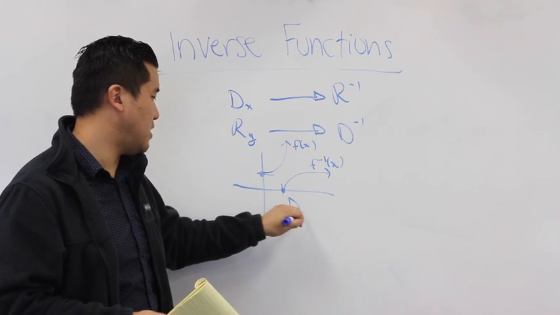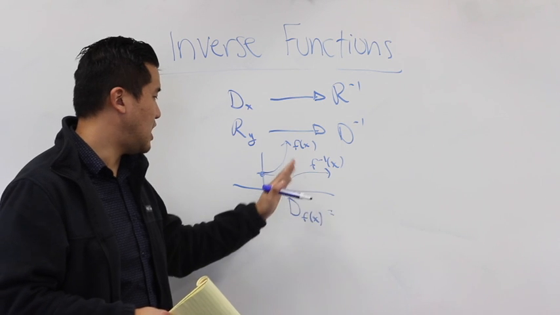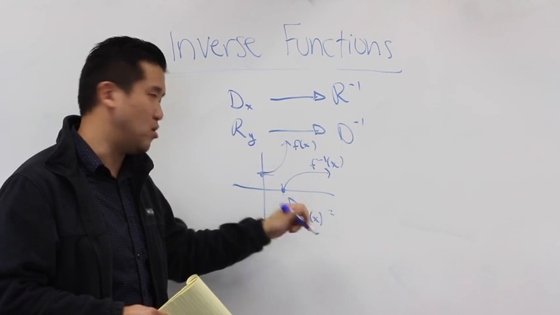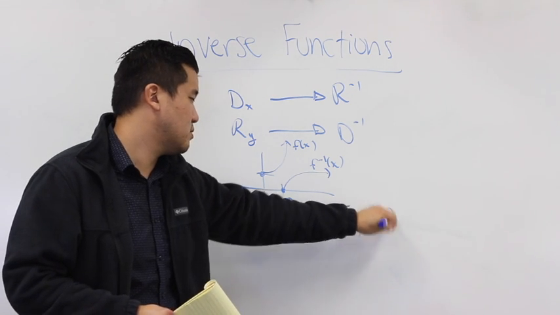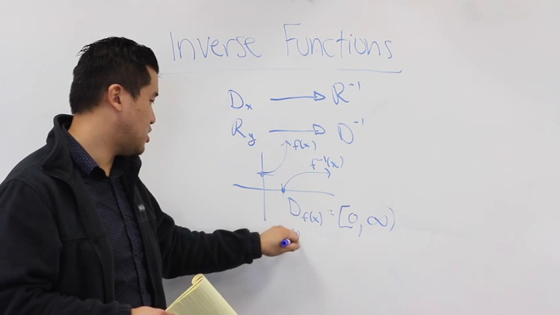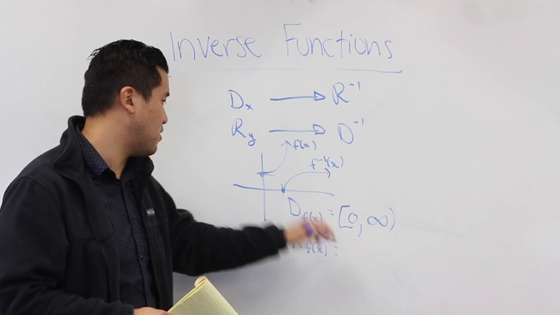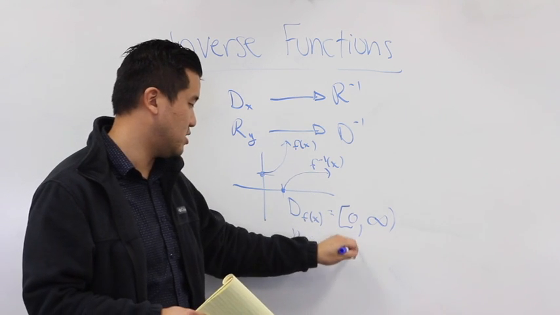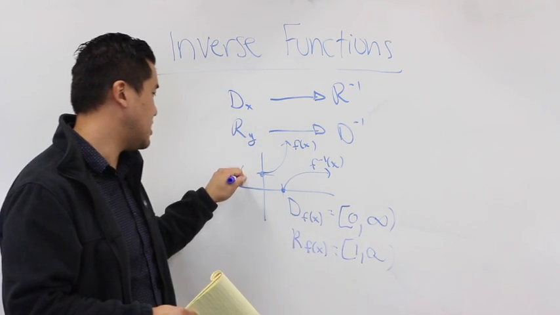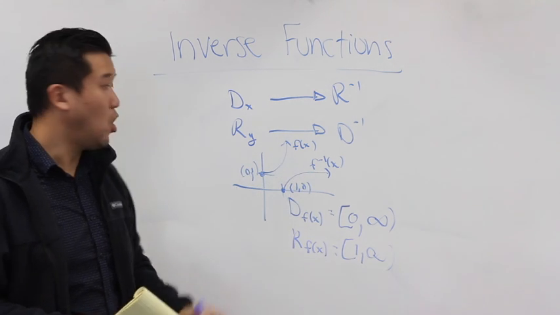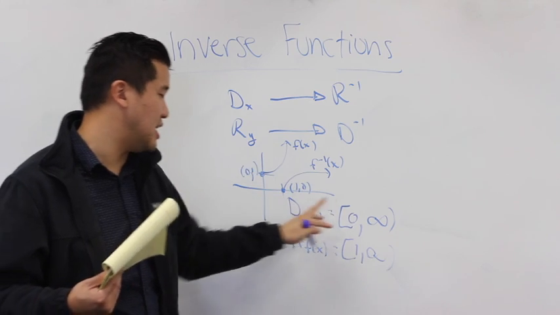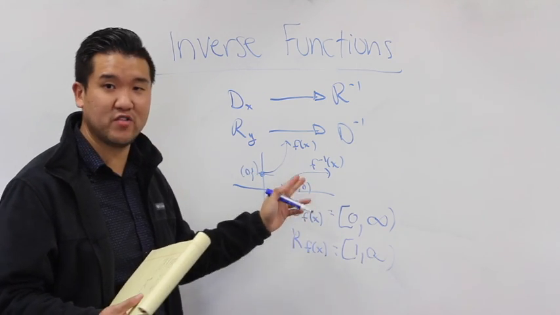Well, let's do my domain for f of x. How far left, how far right does this graph go? Good, it goes from 0 to infinity. My range of f of x, how far down, how far up does it go? Well, it goes from 1 to infinity, because this guy is (0, 1). All I have to do is swap these to get my domain and range for my inverse.